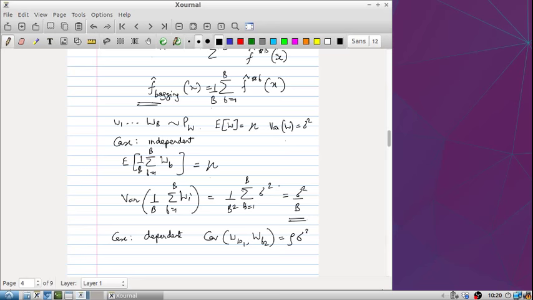rho sigma square. When you say the case is dependent, does that mean those trees are dependent? No, here I'm only talking about random variables. Forget about trees here. I'm saying if you had B random variables, the expectation is this, their variance is this. If you have B random variables which are dependent, and specifically what do I mean by dependent? Two random variables have a covariance which is non-zero.